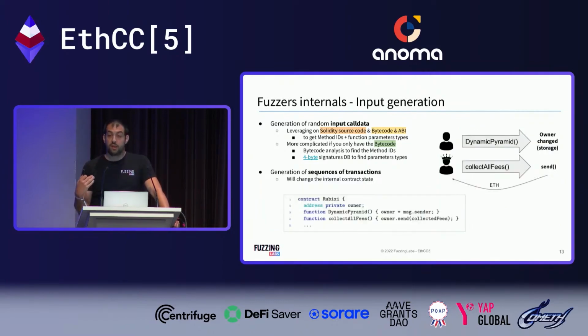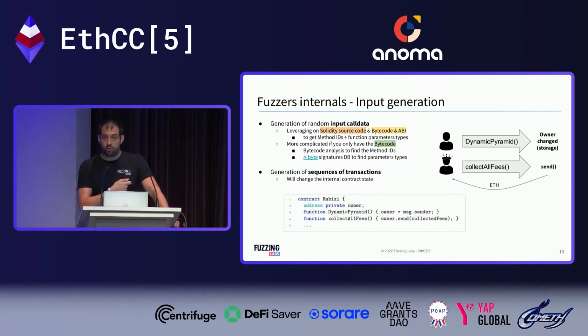Then we can generate some sequence of transactions. That's something really important and not done by all the fuzzers. The main idea is that after each transaction you will modify the internal state of the contract, so by doing a sequence of transactions you will be able to trigger some part of the code and some state that was not discovered previously.